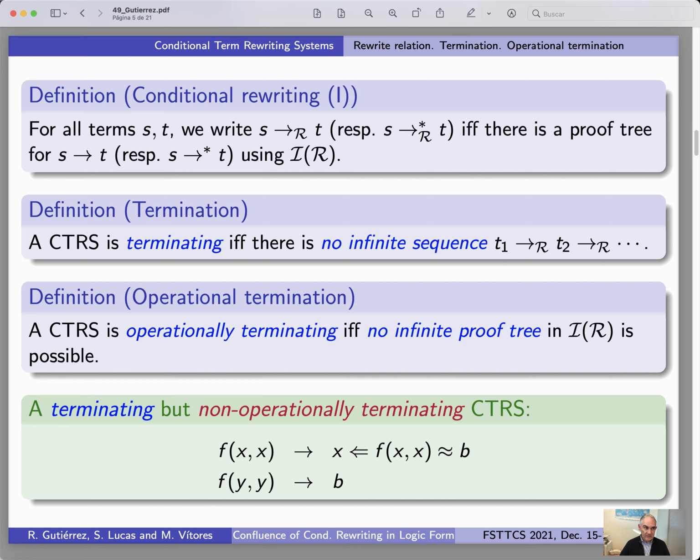When trying to reduce a term f of x x, we need to evaluate a condition starting from f of x x. In order to evaluate such a condition, we can eventually use the same conditional rule again, leading to a never-ending proof process. As discussed below, both termination and operational termination are useful to prove confluence of conditional systems.